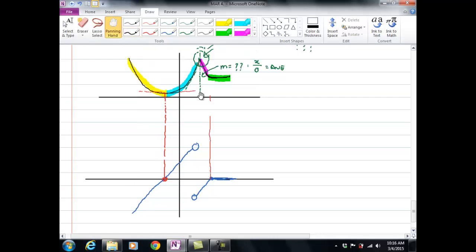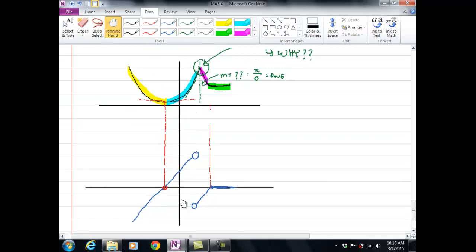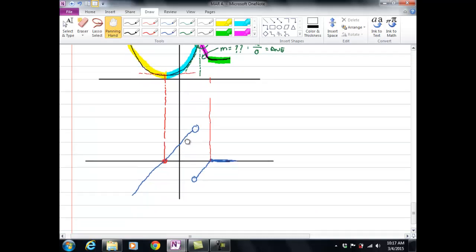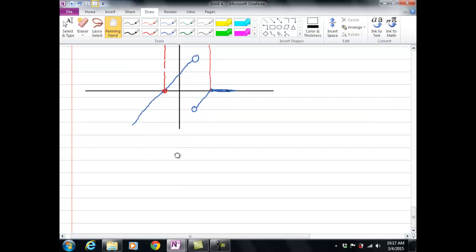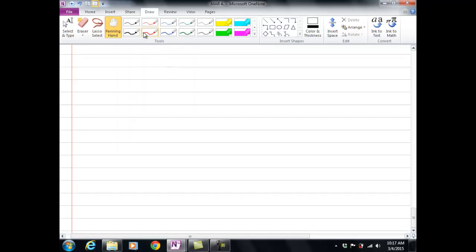Because it's undefined at this point. You have nothing here. And that is what your graph looks like. Now, if you assume this is a constant, a straight line, then it will be a horizontal line here and then jumps up again. That is called complex graphing. It's based on your understanding of what f prime looks like. But done.